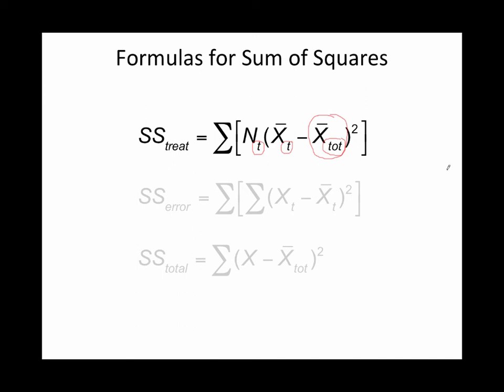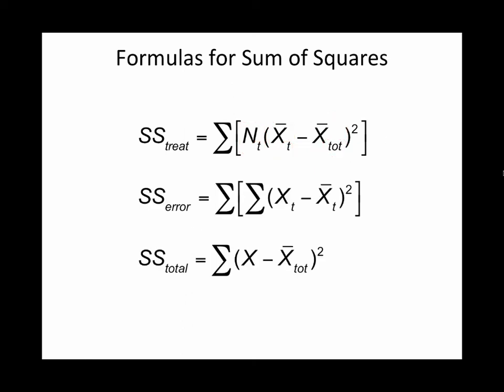Now notice that this deviation score uses each of the group means minus the grand mean. So it's going to sum all those up, and you will also notice that we have to include multiplying each of those by the number of participants in each group.